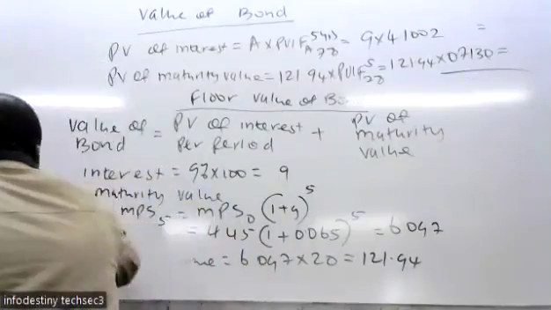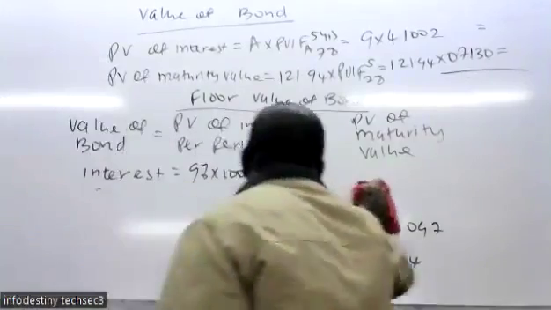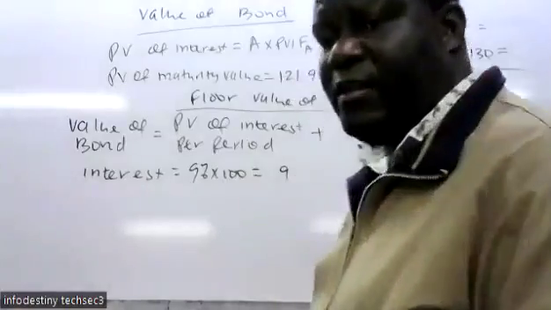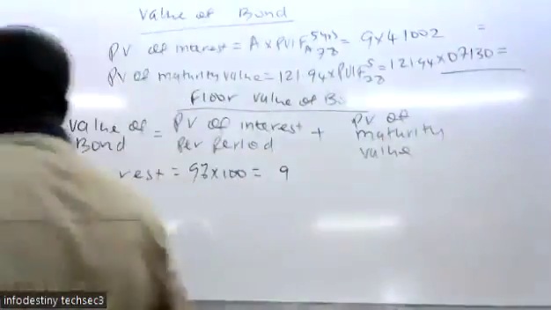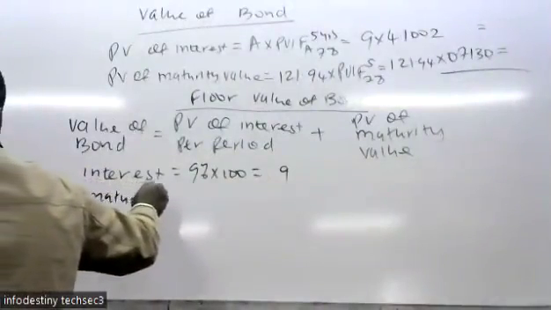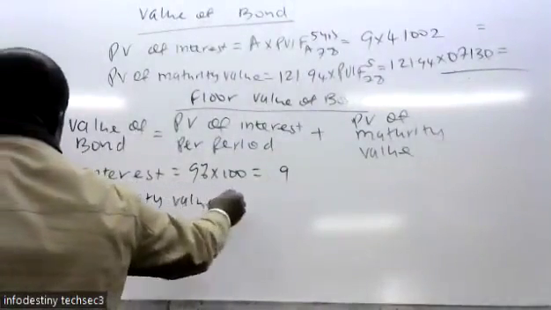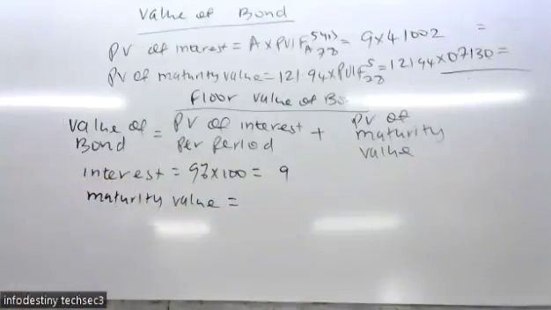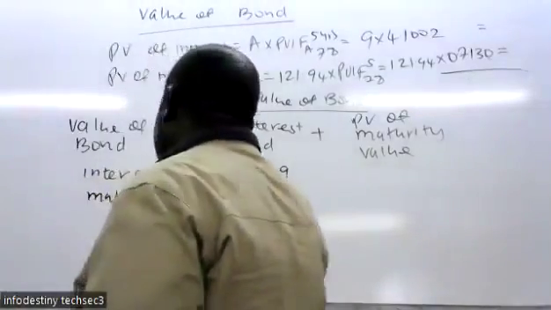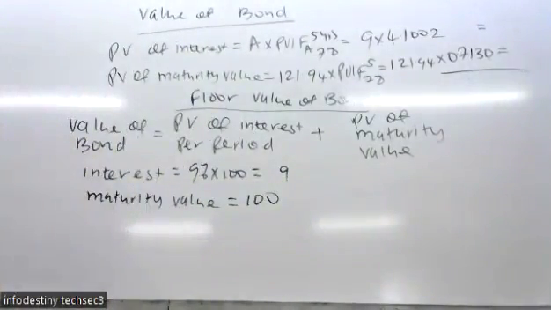What is changing now is only the maturity value. The maturity value will be the same as the par value of the bond, which is 100.